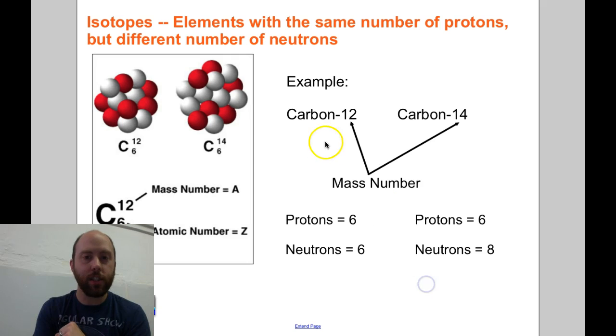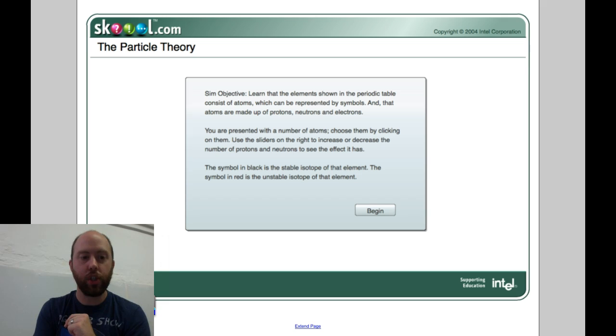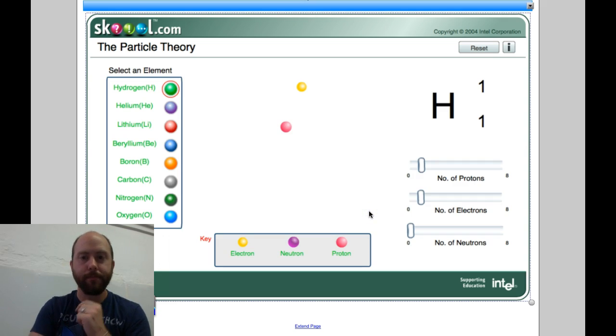So these are isotopes. Same element. They have to be the exact same element, which means the protons have to be exactly the same. But their neutrons will be different. So look for elements that have the same bottom numbers, because those are the atomic numbers, but different top numbers. Those are isotopes.